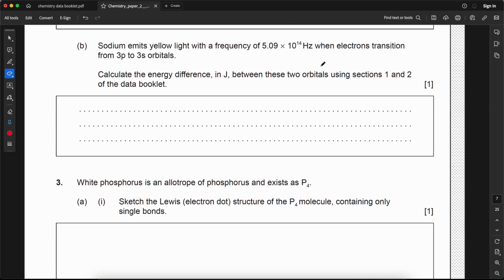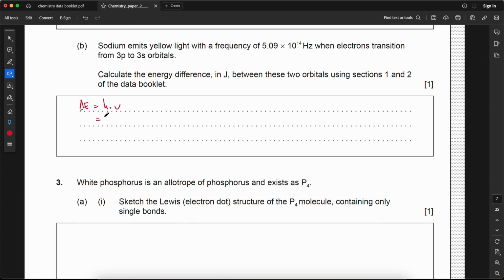Sodium emits yellow light with a frequency of 5.09 times 10 to the power 14 hertz when electrons transition from 3p to 3s orbital. Calculate the energy difference. So delta E will be h times v.